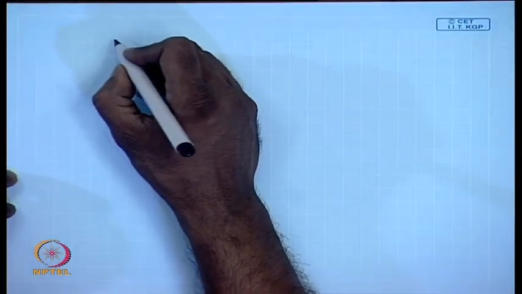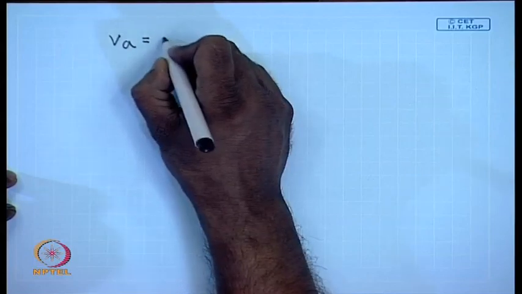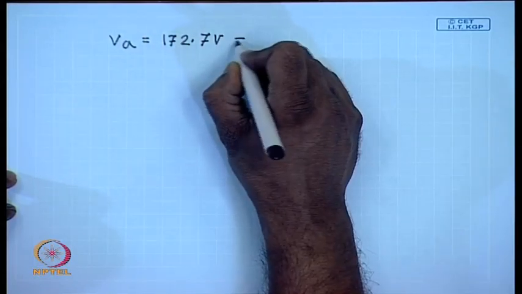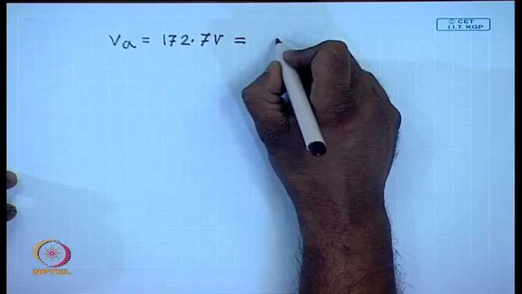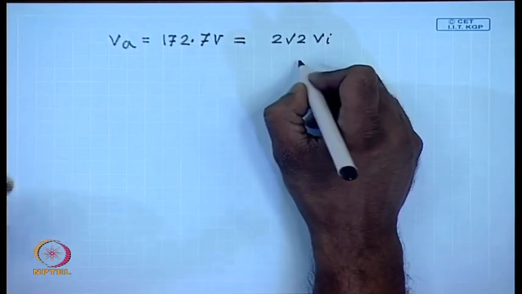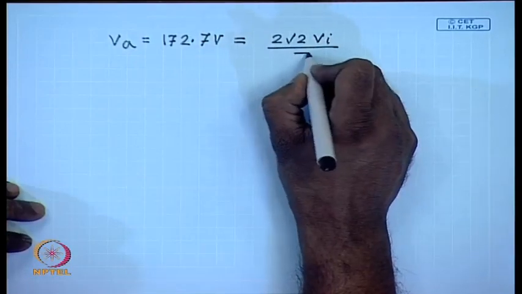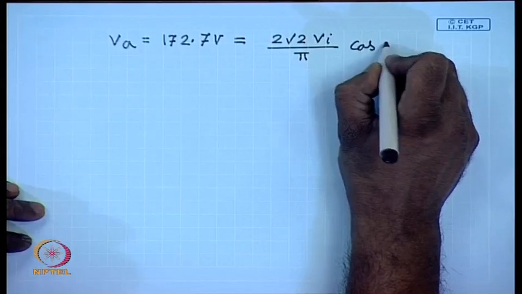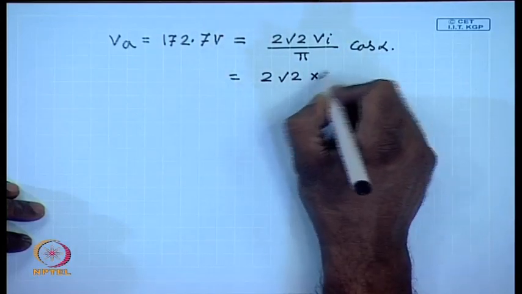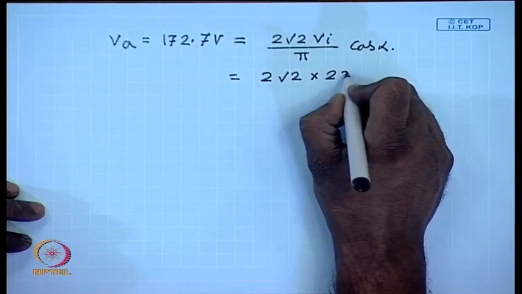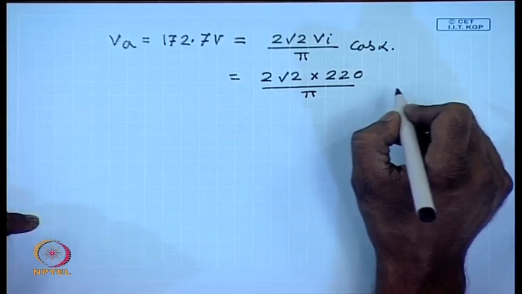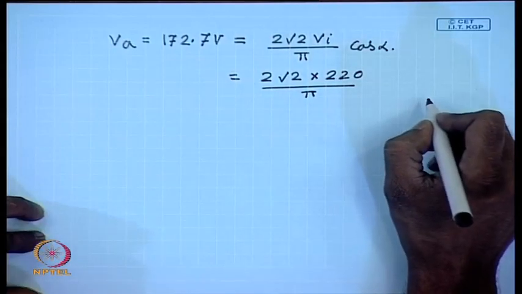Now, this VA is equal to 2√2 VI by pi cos alpha equal to 2√2 into 220 by pi cos alpha.